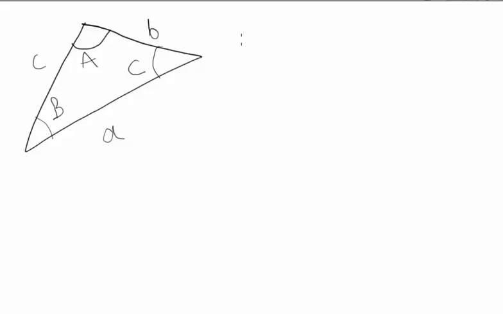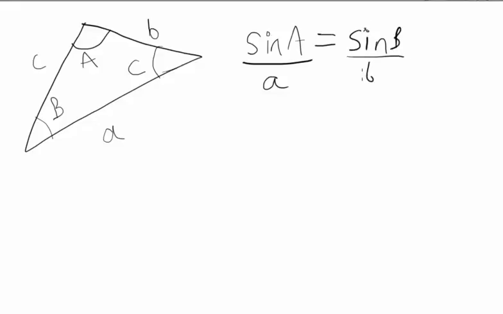So the first result that we have is called the law of sines. The law of sines is the following: sine A upon a is equal to sine B upon b is equal to sine C upon c, which is equal to some constant.